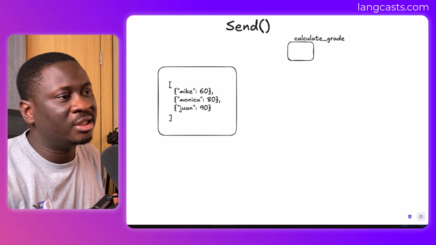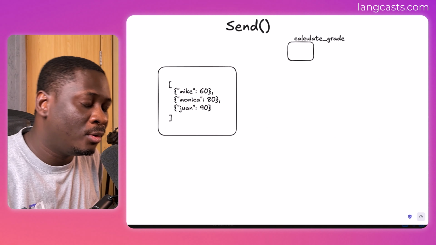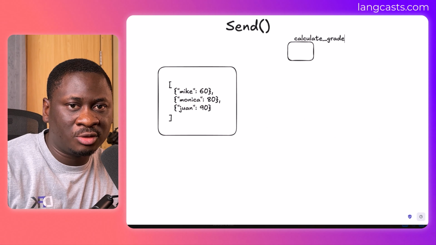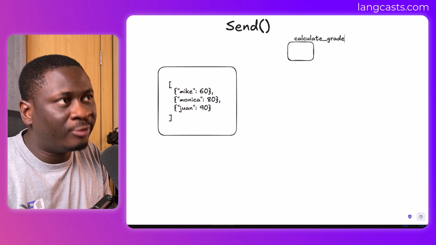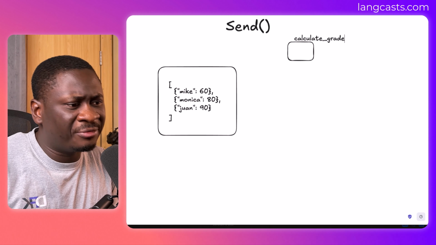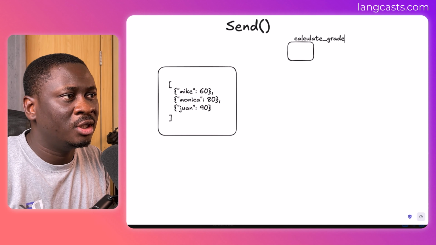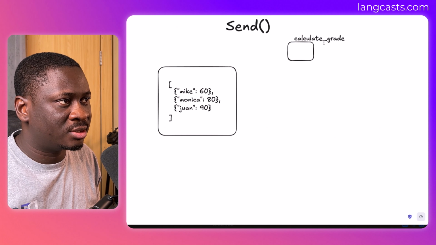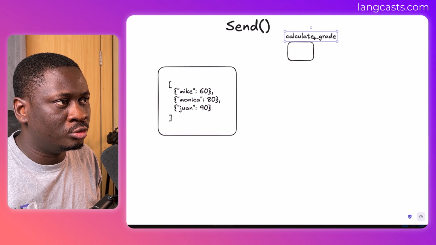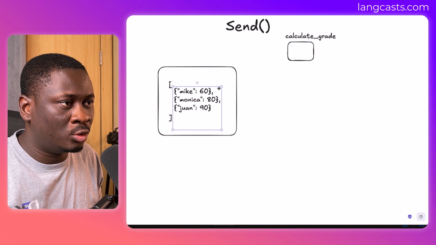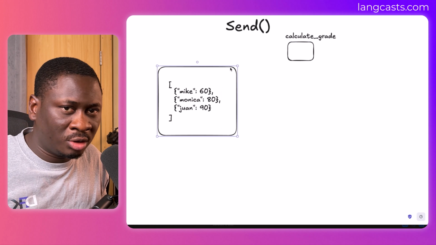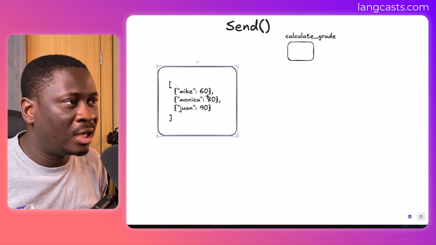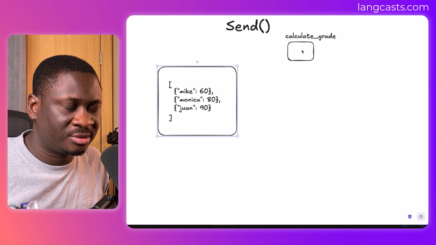Let's say anything above 70 is an A, from 50 to 60 is a B, from 40 to 50 is a C. Whatever grading system you want, this node calculates it. And what you want to do is go from the node that gets all the students from the database to this node that calculates the grades.